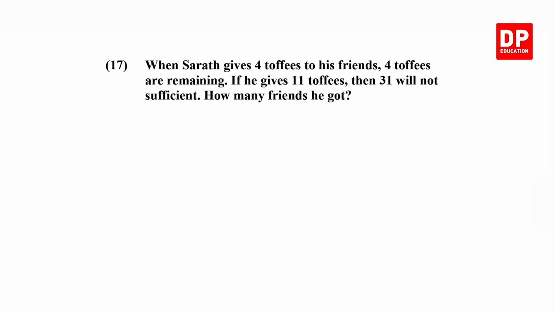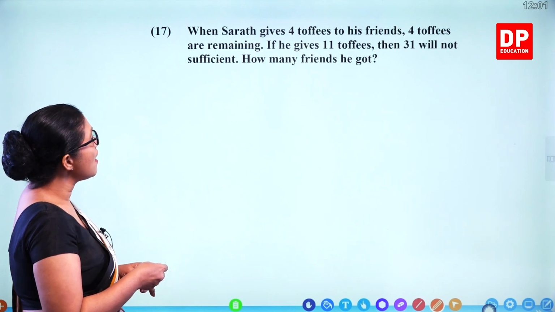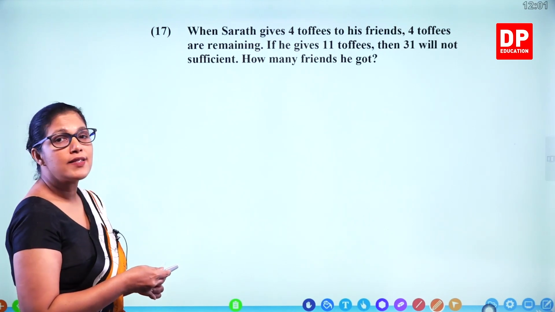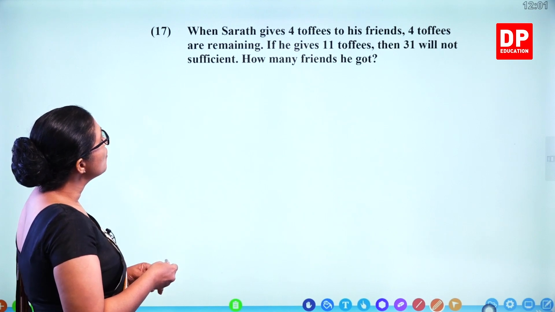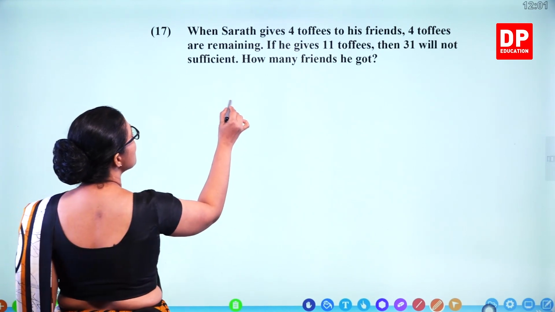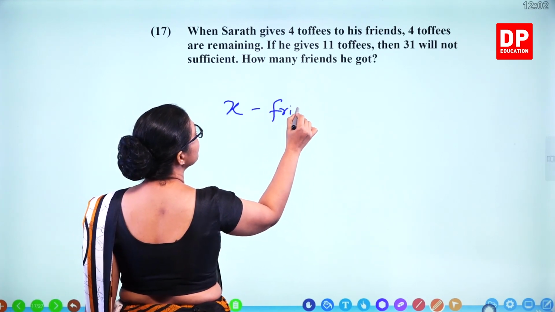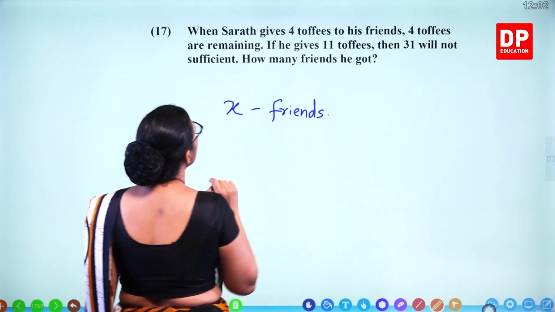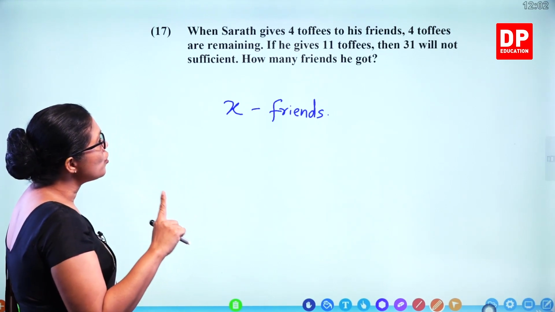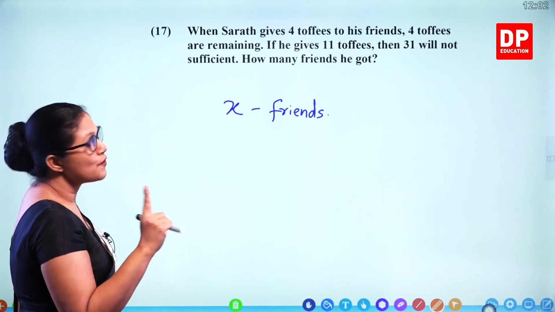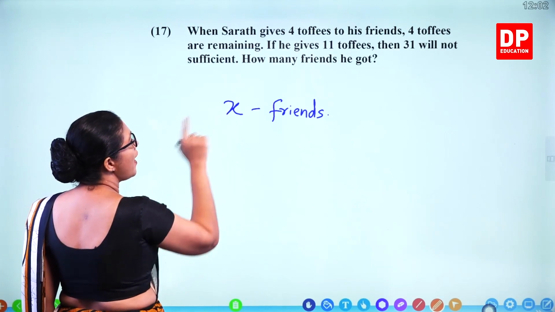Question number 17. When Sarath gives 4 toffees to each of his friends, 4 toffees are remaining. If he gives 11 toffees, then 31 will not be sufficient. How many friends did he have? We'll first take x as the number of friends. When Sarath gives 4 toffees to his friends, that's 4 into x.